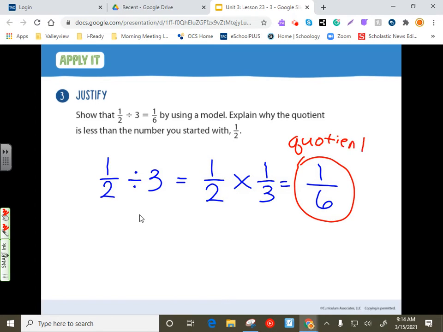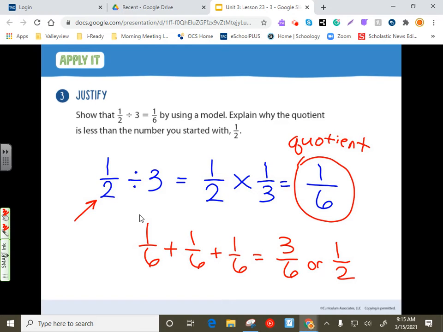They want to know why 1/6 is smaller, because we took this 1/2 and we split it up into 3 different parts. So that half became smaller because we took 3 equal parts from it. And just to show you, if we add 1/6 plus 1/6 plus 1/6, that will give us 3/6, or better known as 1/2. So that checks out.